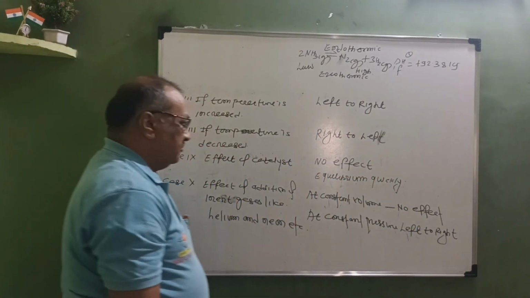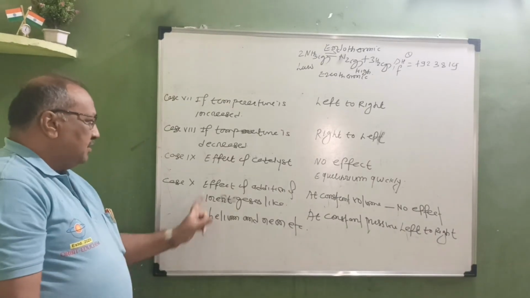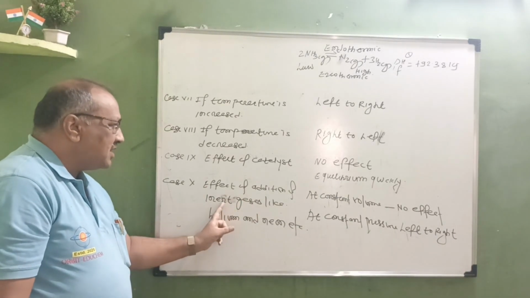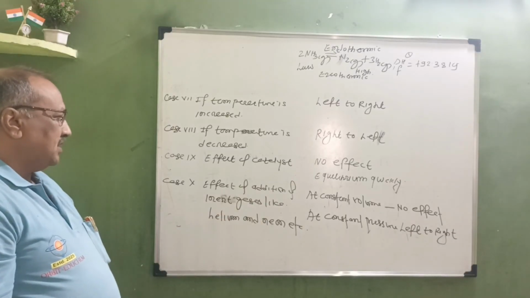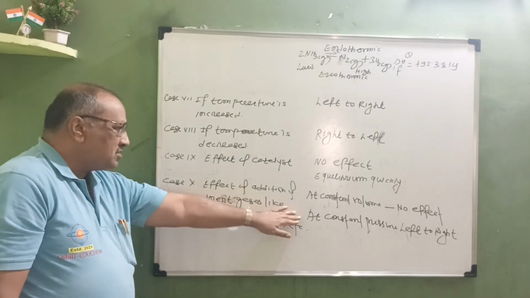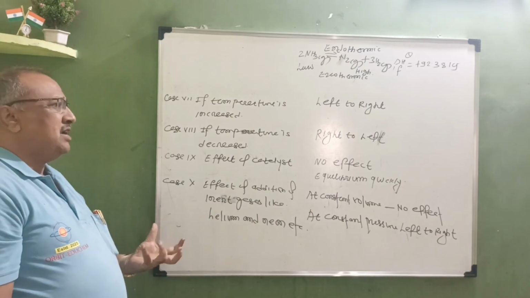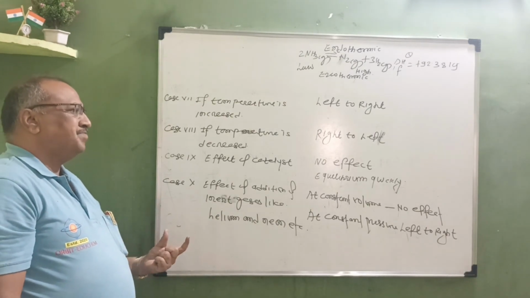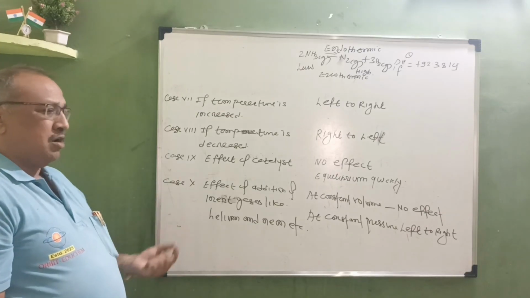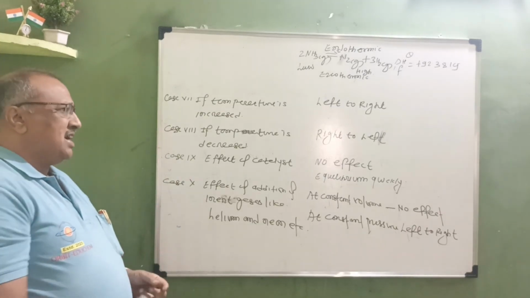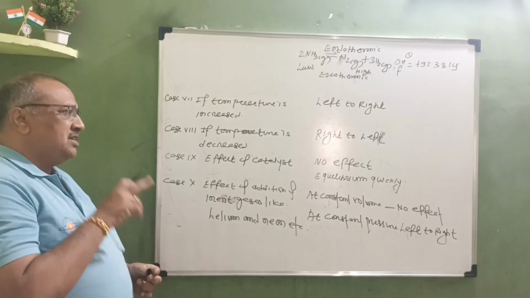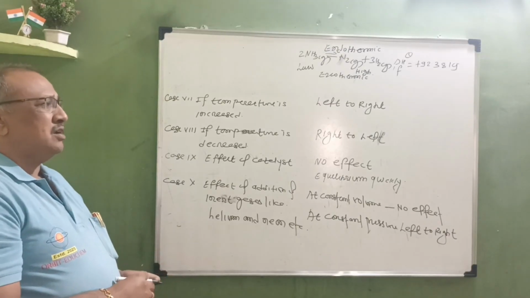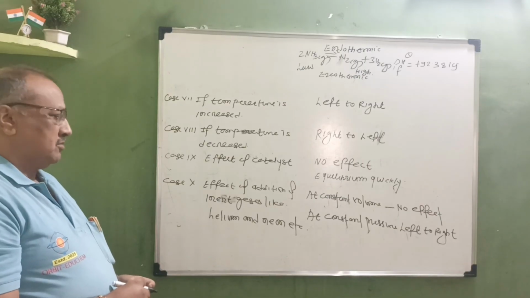Now here effect of addition of inert gases like helium and neon at constant pressure is applicable only when the number of moles of gaseous reactant are not equal to the number of moles of gaseous product.